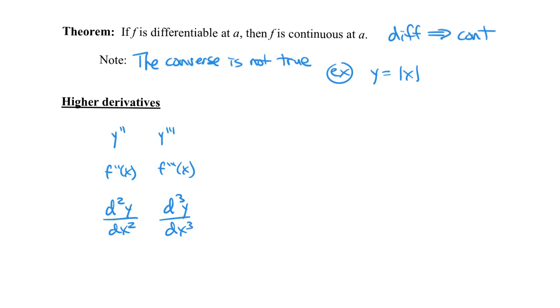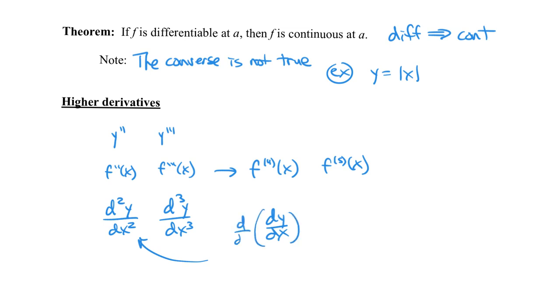Not too often, but maybe occasionally you'll see this. Now when we're going beyond the third derivative, then we normally write something else. Beyond the third derivative, you'll see things like f, and then you'll see this 4 in parentheses. That's a fourth derivative, or the fifth derivative, something like that. It's typically what you see. And this notation is a little strange. If you have Leibniz notation, like this, dy dx, then if you think of taking the derivative of it, you could say, okay, I'm going to take the derivative of that, like the second derivative.